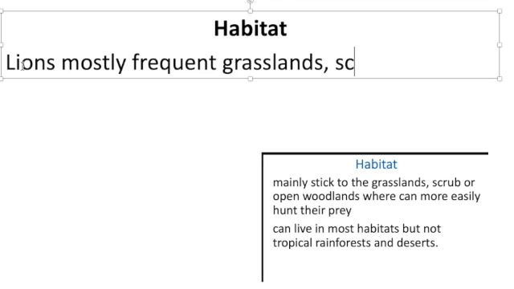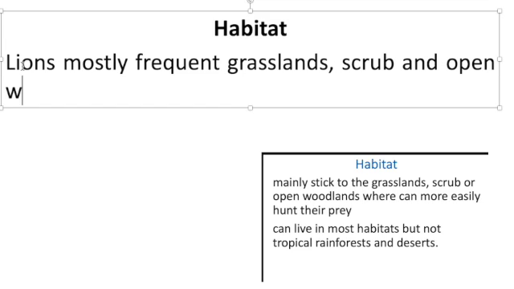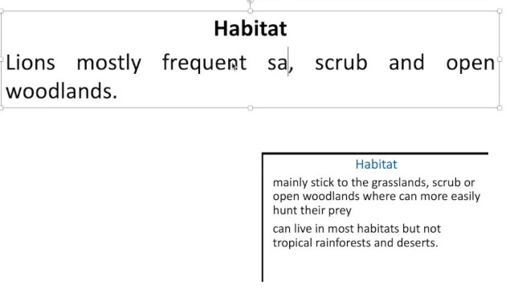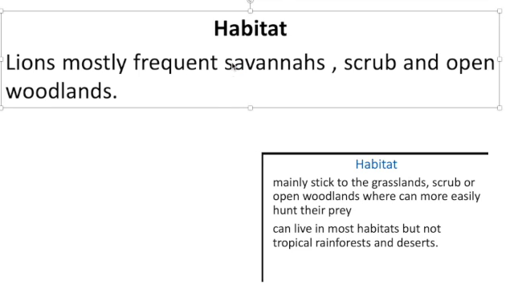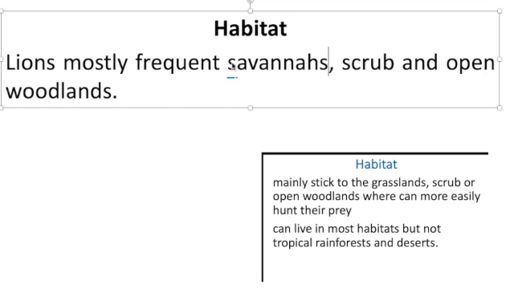Grasslands, scrub, and open woodlands. Now, grasslands in Africa, when I was researching, I saw that grasslands are called savannas. I'm not sure if I've spelt that correctly. It will show me if I haven't. So a savanna is a grassland in Africa. Lions mostly frequent savannas, scrub, and open woodlands.